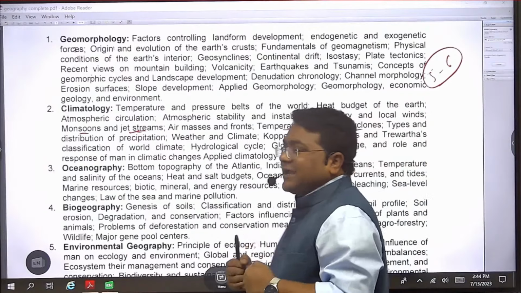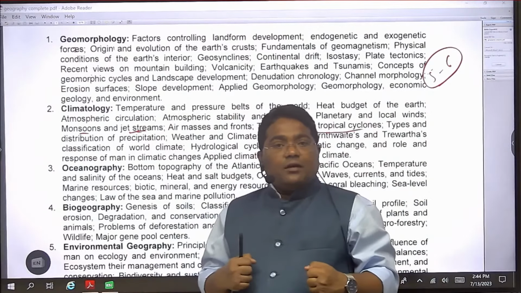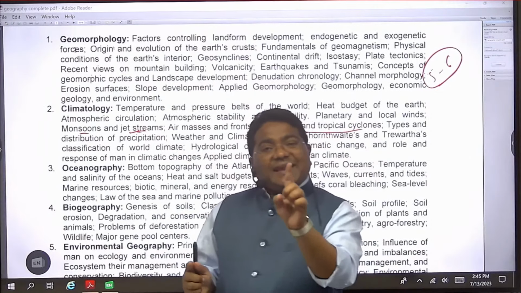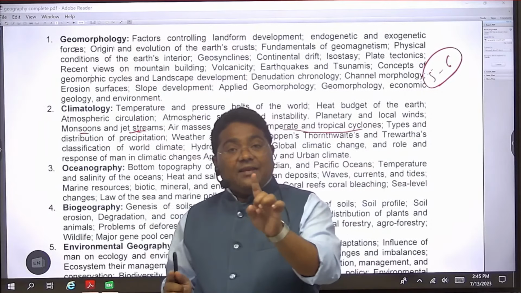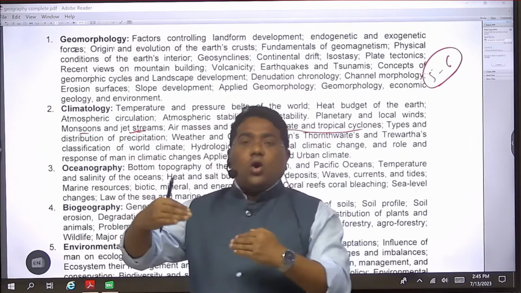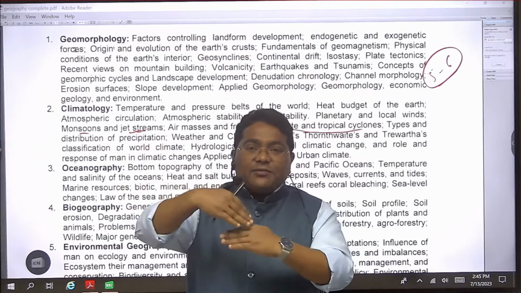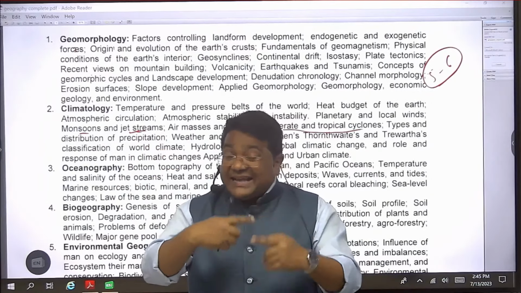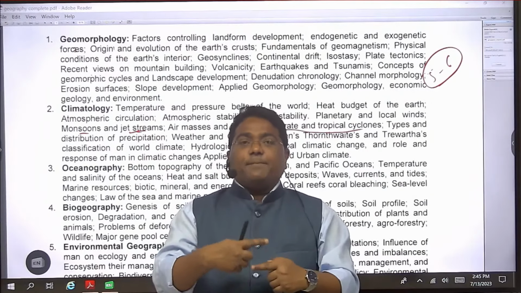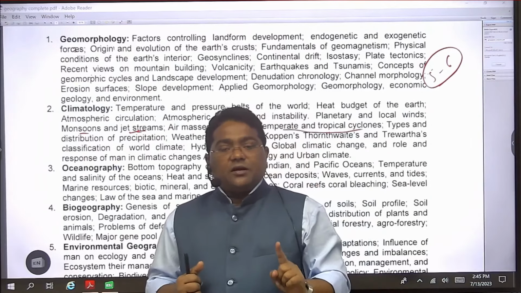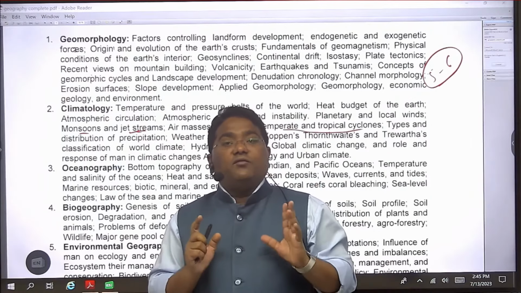The tropical cyclones are formed in the tropical region due to a single air mass. Single. In the temperate region, cold and warm, warm and cold air masses converging. Contrasting air masses, different temperature. But in tropical, only one temperature. Not cold, only warm.